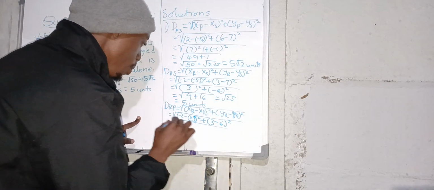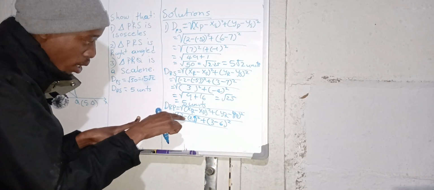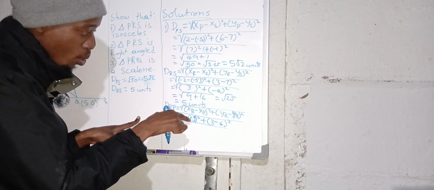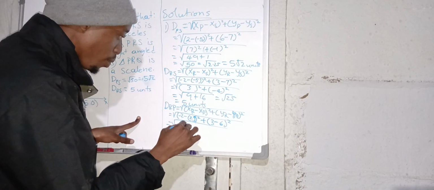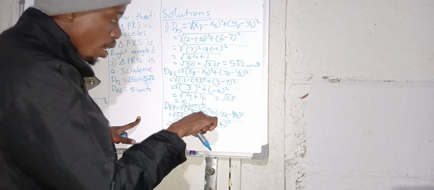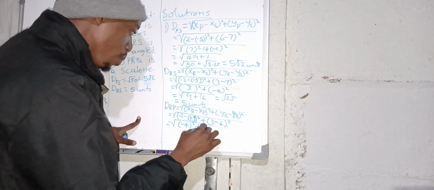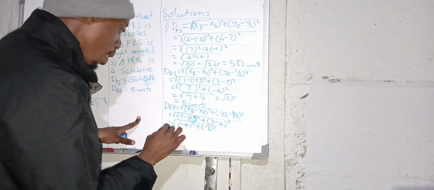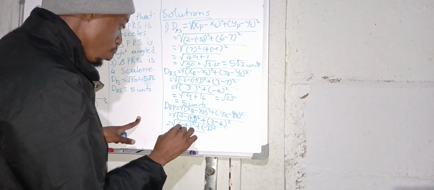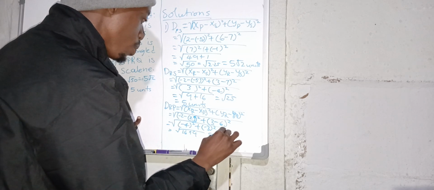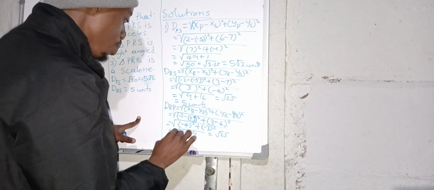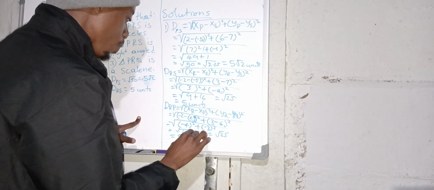Negative 2 multiplied by positive 2 gives me negative 4, and then I'm squaring it, plus 3 minus 6 gives me negative 3, and I'm squaring it. I'll end up having 16 plus 9, which gives me the square root of 25, which basically gives me 5 units.